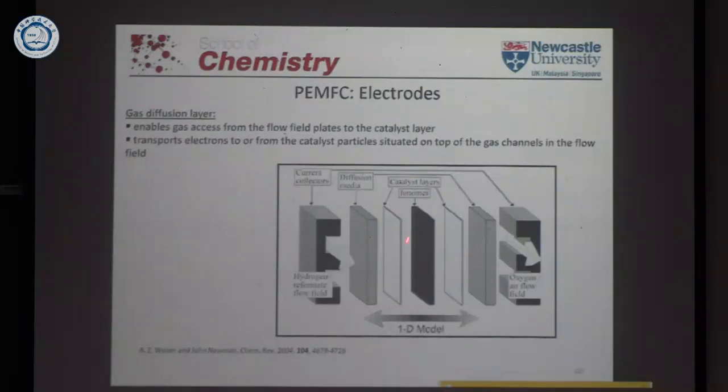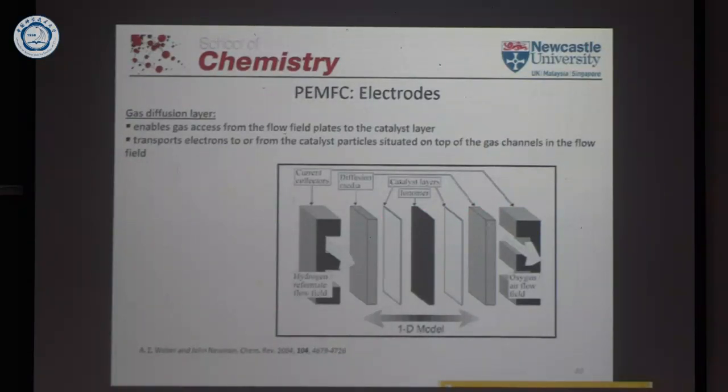layer, and we have discussed a little bit how the structure of the catalyst layer is. You need a highly active material, which often is platinum, being used for the hydrogen oxidation and for the oxygen reduction.